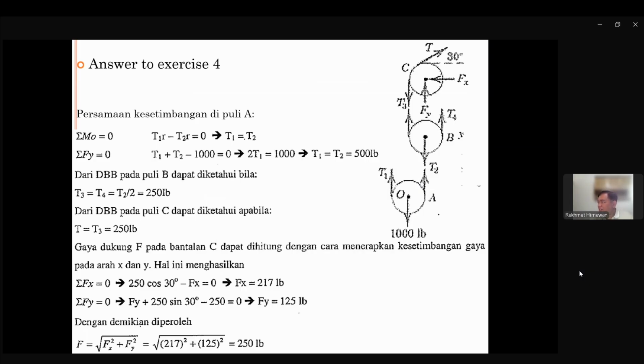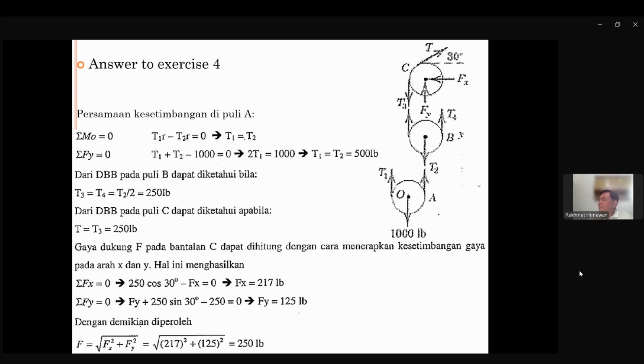Since this is 500, you can calculate T3 and T4, which is just 500 divided by 2. Since it's 500 going downward, we have 2 going upward with the same value. So if down is 500, the other 2 going up are 250 each. T3 is 250, that means T is also 250.